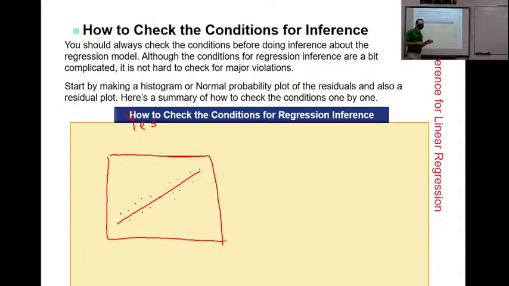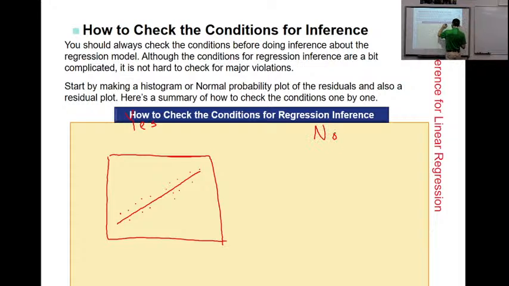Variance is a measure of spread. And so the idea is that as I go left to right across the line, the distance, the variance of the points away from my line stays roughly the same throughout. That's an example of equal variance.